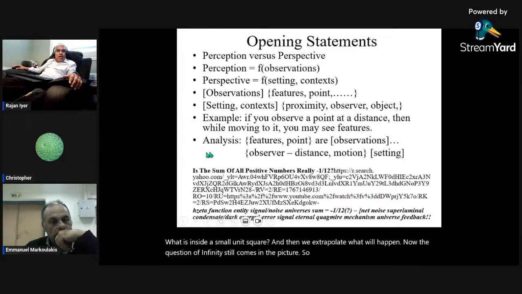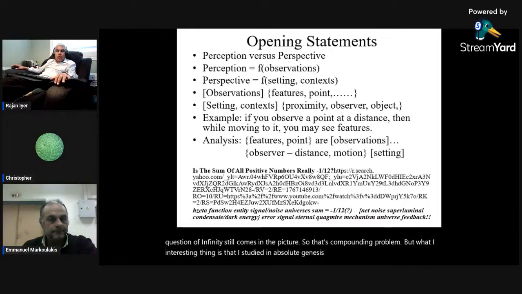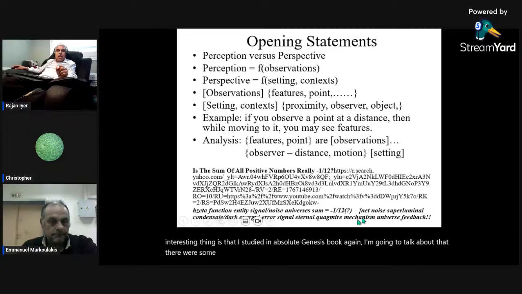But what's interesting is what I studied in the Absolute Genesis book. Again, I'm not going to talk about that. There was some presentation earlier where they talked about noise and signal.